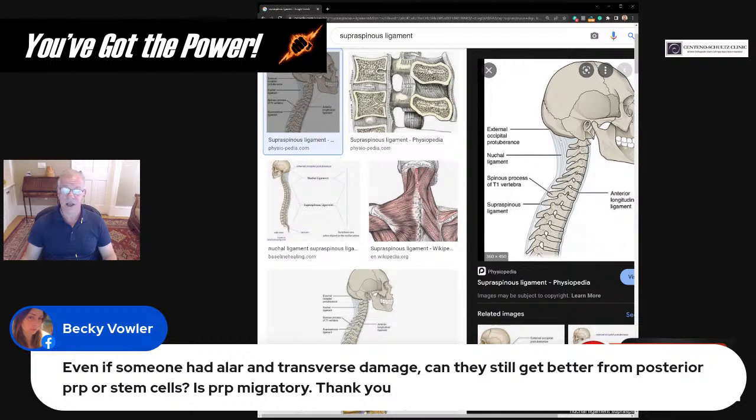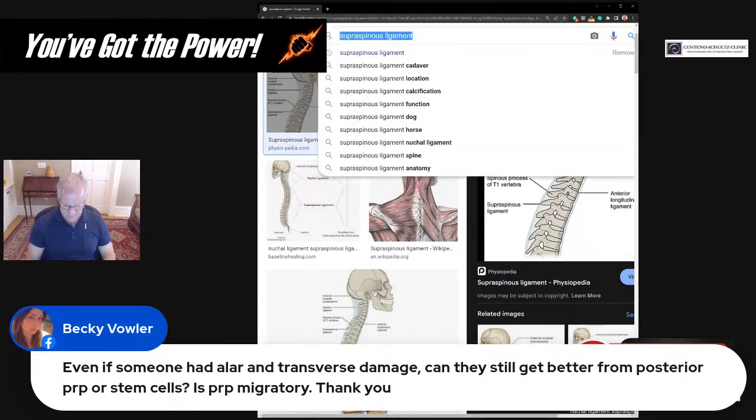And the structures we're talking about, the alar and transverse ligament, are internal, inside the neck. So regrettably, one doesn't have a lot to do with the other. You might get some ligament tightening by working on the muscles or the ligaments in the back, but the central deep ligaments that live between C1 and C2 are going to be in the middle of this picture, internal.